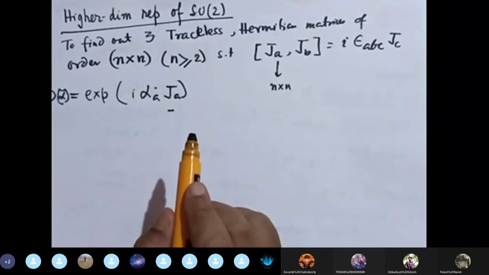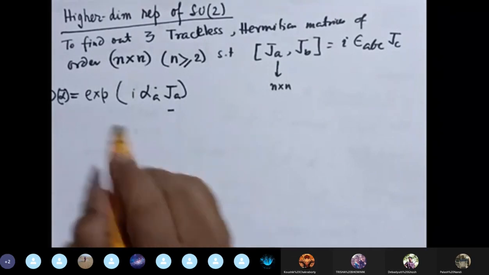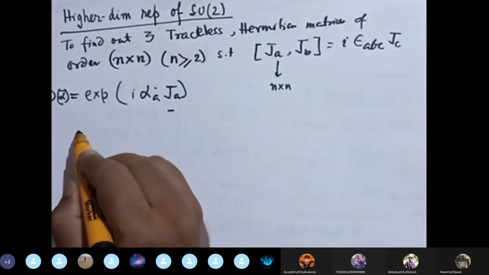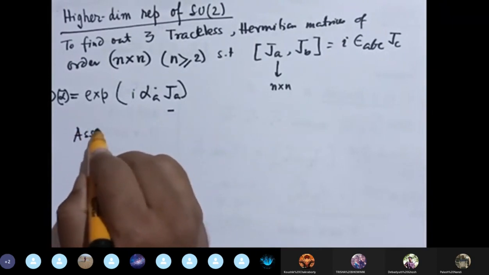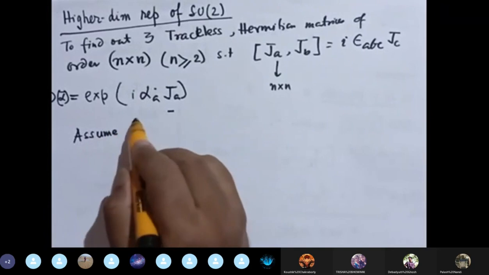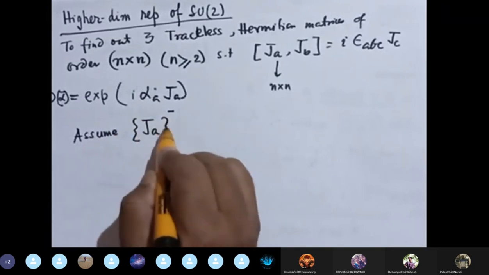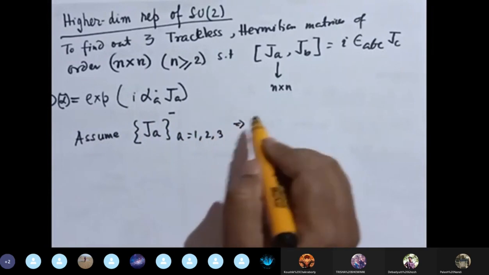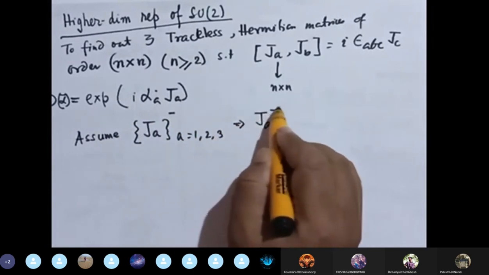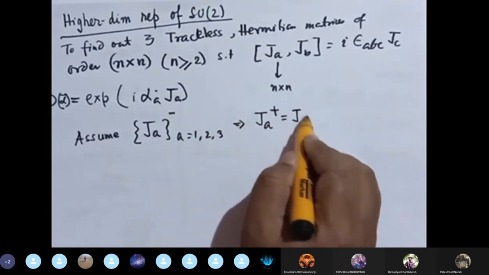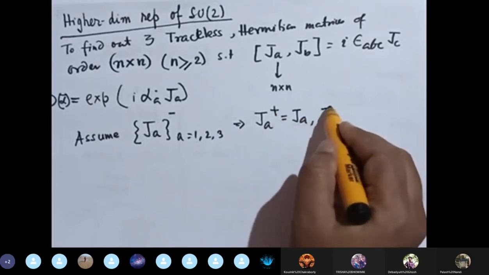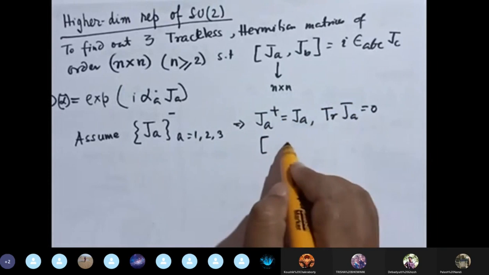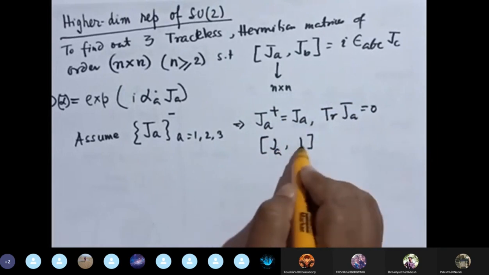Now for this we will go this way. Assume that JA, where A is equal to 1, 2, 3, are Hermitian, traceless, and satisfy the commutation relation, the Lie algebra.